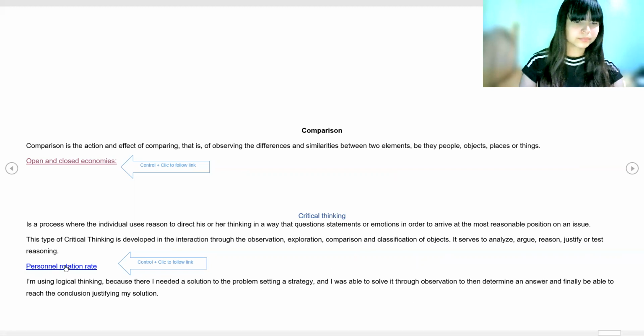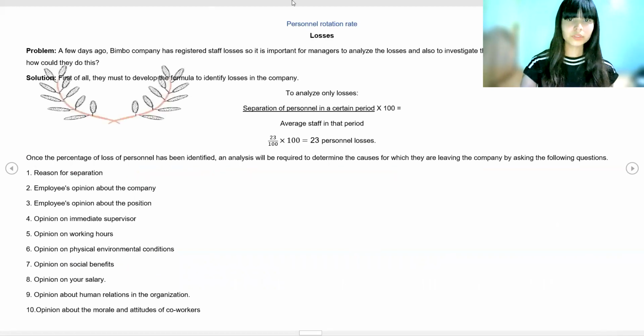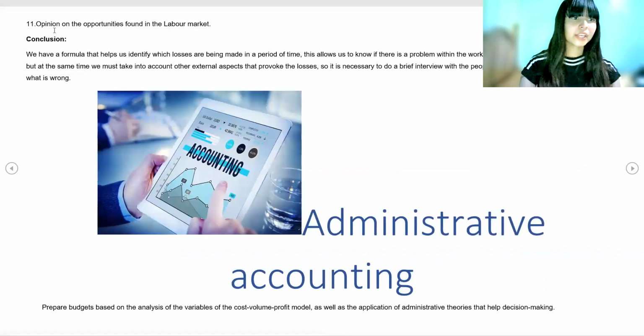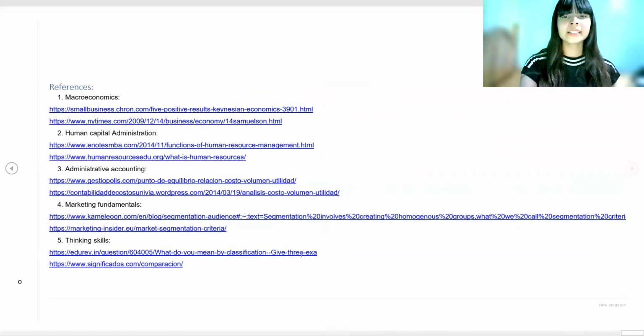Then when I read the problem, I could make a solution and then I could make a conclusion that is part of the logical thinking.